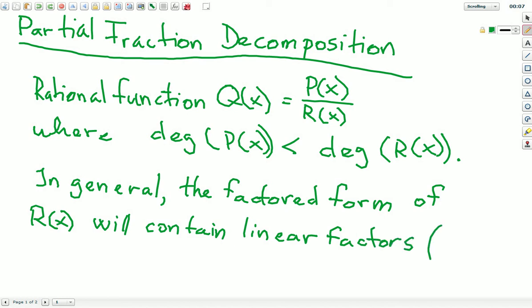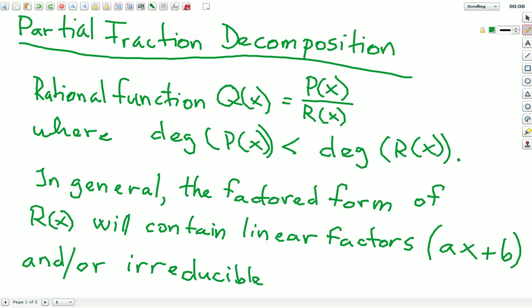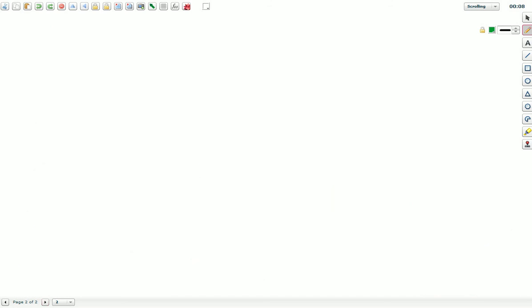If you recall, linear factors are of the form ax plus b, that's the most general form of a linear factor, and/or irreducible quadratic factors, which are of the form ax squared plus bx plus c.